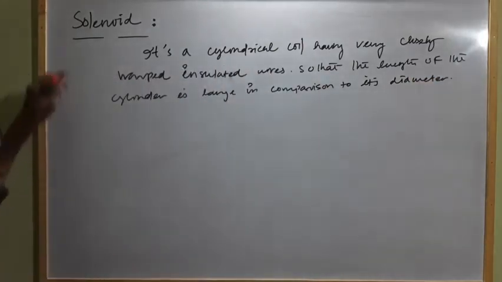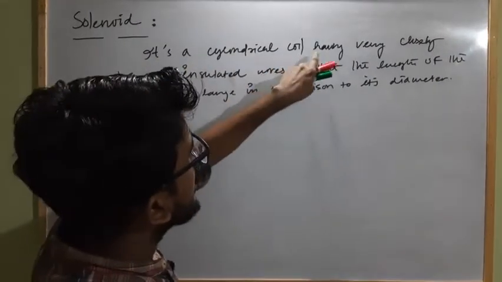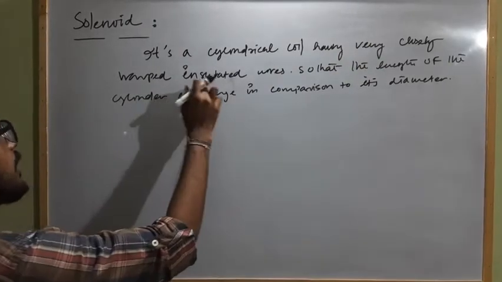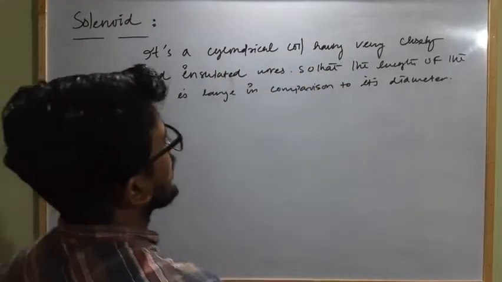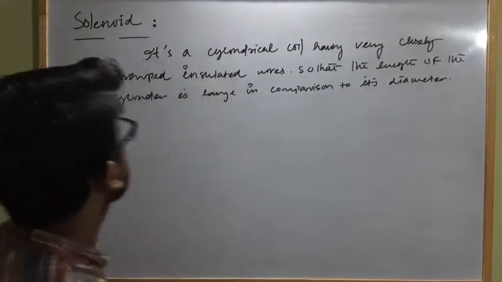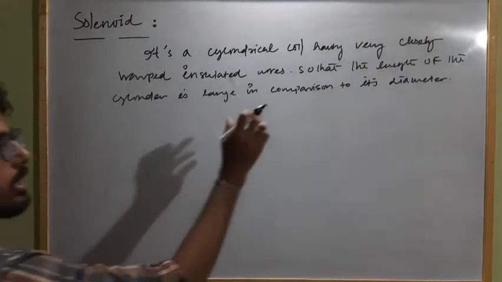Okay, so a solenoid is a cylindrical coil having very closely wrapped insulated wires so that the length of the cylinder is large in comparison to its diameter.